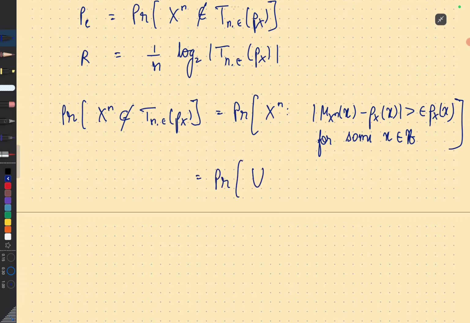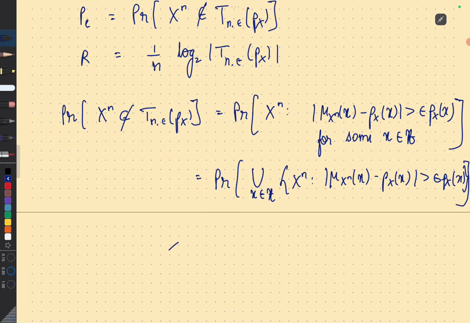So this is the probability of a union over x in X. Correct?